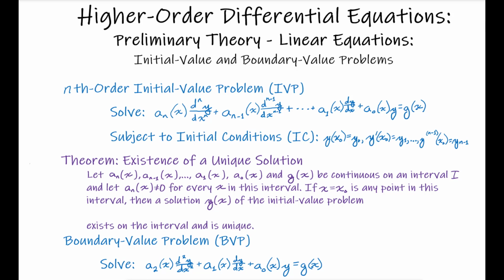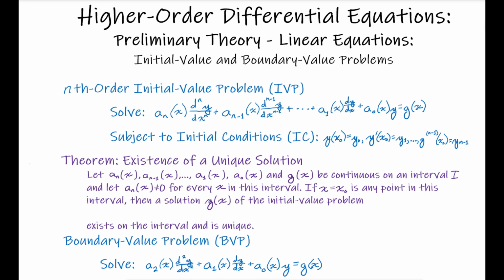So we're able to do that with higher order differential equations. However, sometimes we want a particular solution. And again, as with first order differential equations, if we want a particular solution, we need additional information. That additional information comes in the form of either initial conditions or initial values or boundary values. So let's first talk about initial value problems.